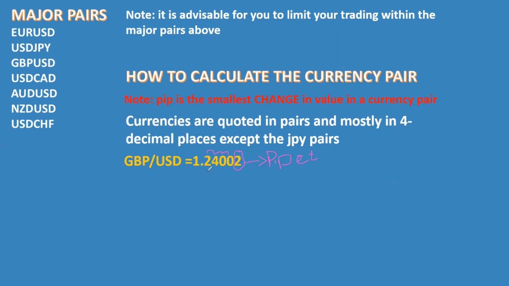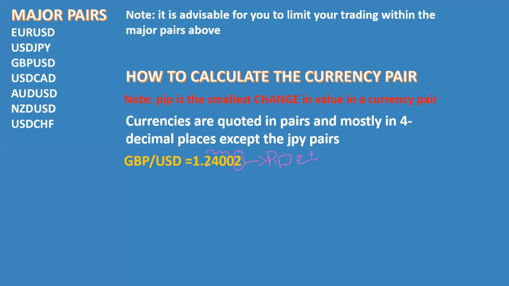So for instance, the market moves from 1.2400 to 1.2402. What it means is that the market has moved 2 pips. Do you understand?